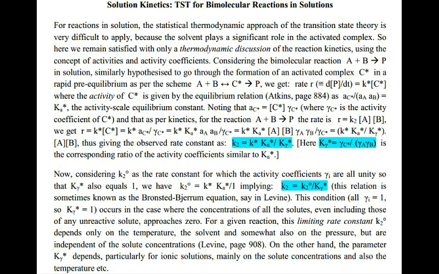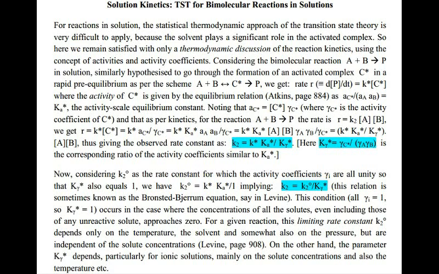This means that the observed rate constant k2, in a situation where the concentrations are not zero, will be this limiting hypothetical rate constant k2⁰ divided by Kγ*. So this we again write in blue shading: k2 is equal to k2⁰ divided by Kγ*.